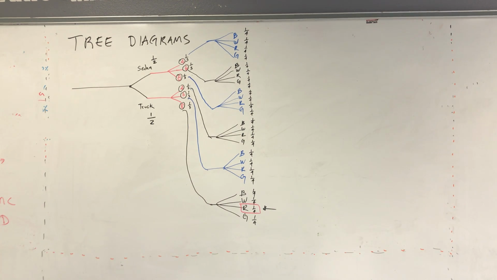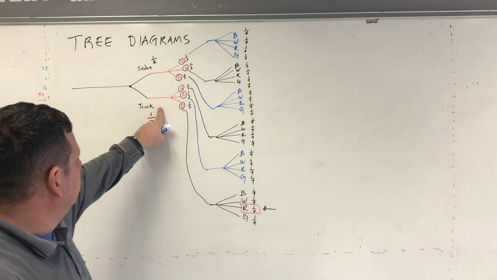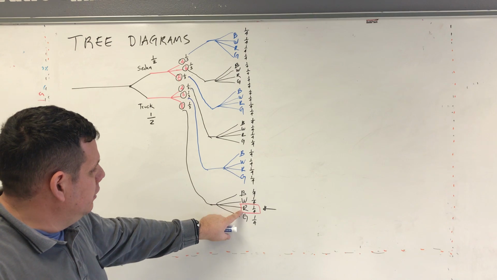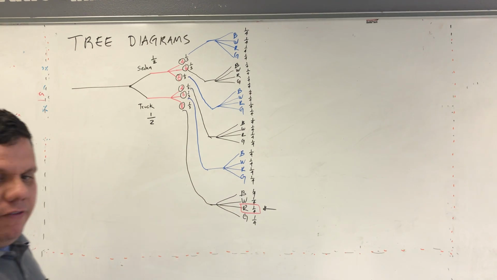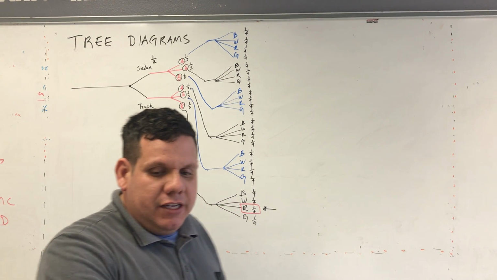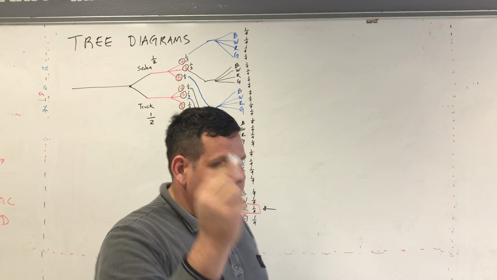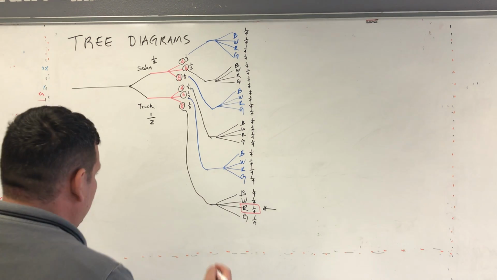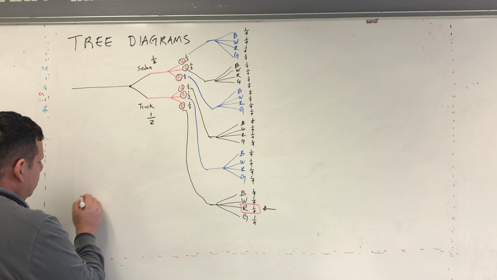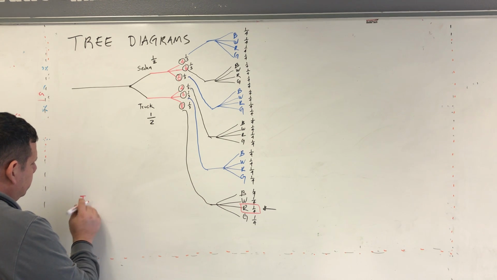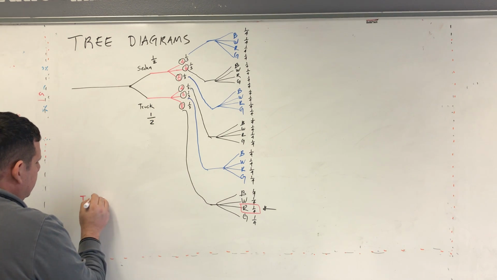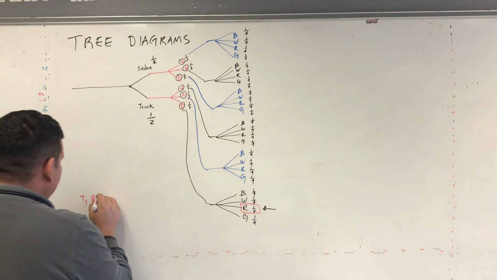If I pick one of the tickets, what is the probability of getting that prize through that combination? So we have truck, 8 cylinders, and red.